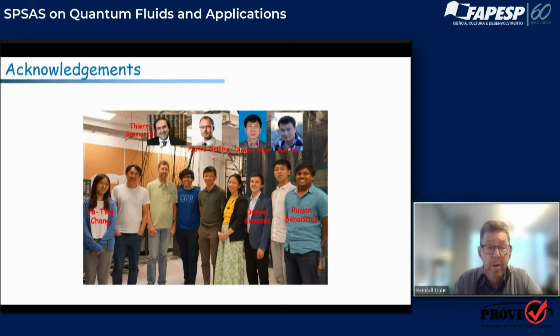And also our theory collaborators, Xiwen Guan, theory collaborators sit above us in some higher plane, I guess. This is Xiwen, he's from Wuhan, and Han Pu is in our department, and Thierry Giamarchi and his postdoc, Pjotrs Grisins.